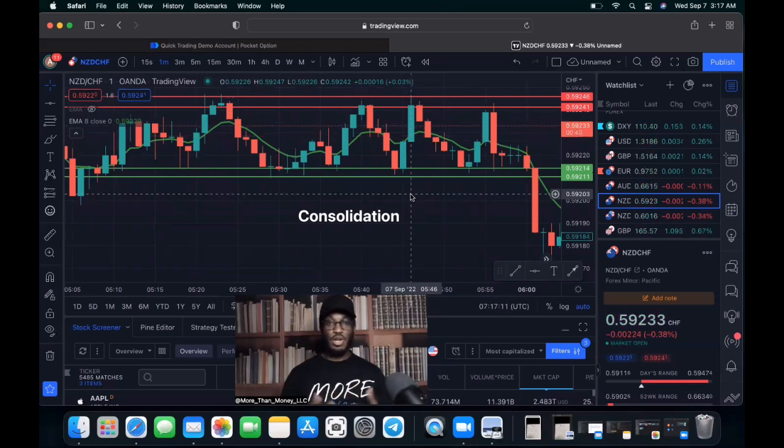Why? Because as we know, the EMA works like a magnet at times, and it could start to pull price. So you also want to factor in where that EMA is before you decide whether you're going to take calls, puts, both, or if you're even going to play off of this phase of consolidation according to what the EMA is saying.